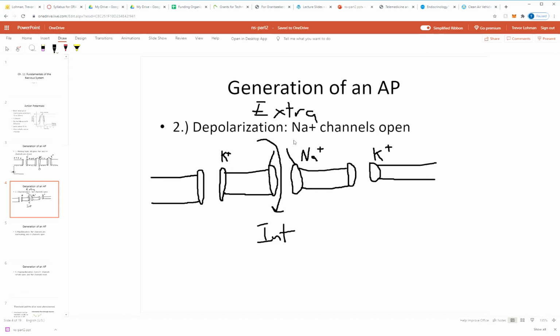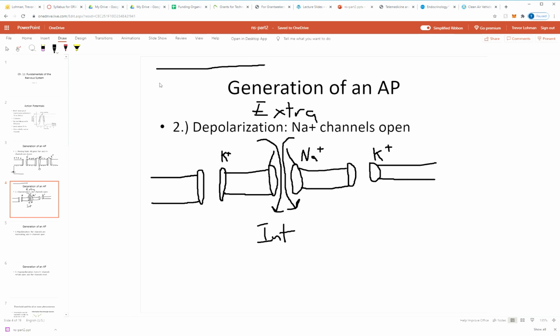It's also rushing down its electrical gradient, because the inside is negative. So sodium just floods the axon. Remember, this is just one little patch of the axon. We could continue this drawing forever and draw thousands of each of these channels. We're just looking at one little segment. I hope that makes sense.